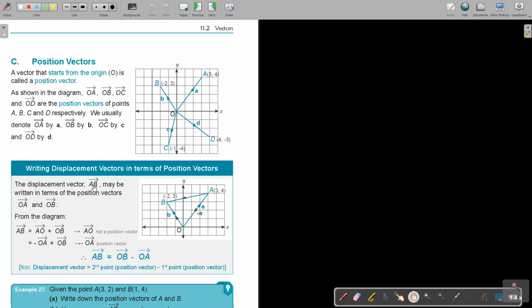But if I want to write it as a position vector, I can. Now look, I'm going to indicate it with colors.